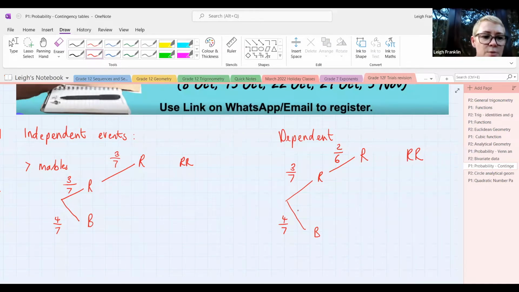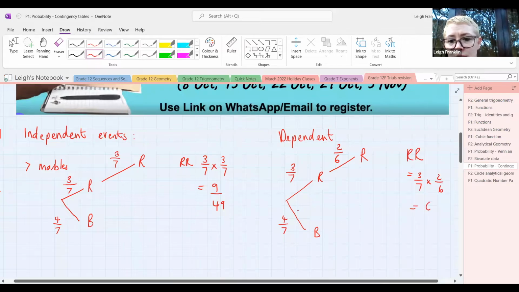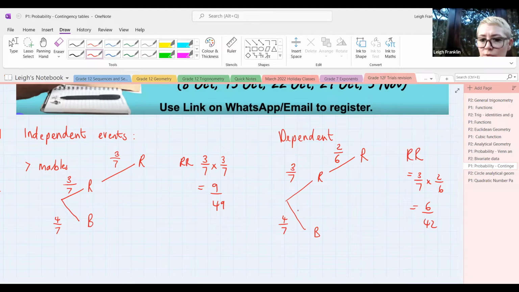Here you can see with independent events, we would have ended up with RR being 3/7 times 3/7, which would give us 9/49. Here it would be different, because we'd end up with 3/7 times 2/6, which would give us 6/42. So our probability of choosing a second red marble is affected by the fact that we didn't put the first red marble back into the bag.